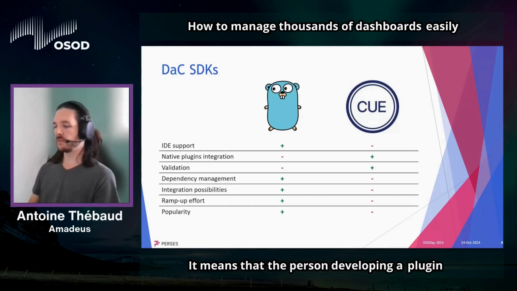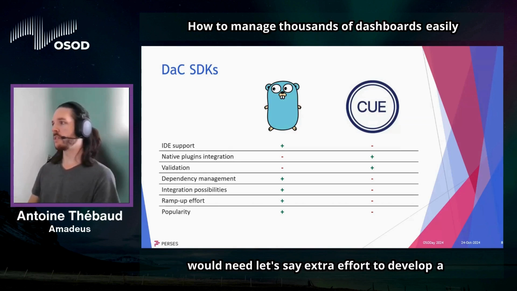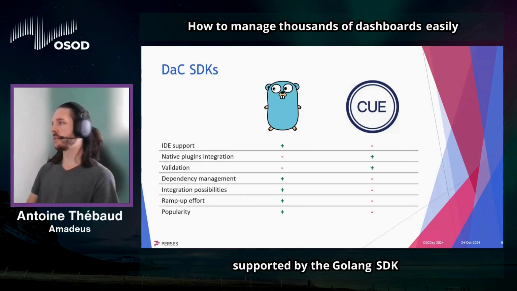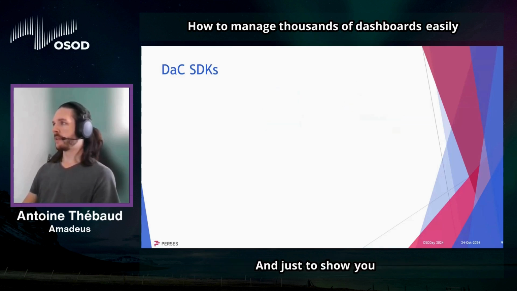The person developing a plugin would need extra effort to develop a piece of the Golang SDK to have this plugin supported by it. So that's the main difference here. And just to show you an example of how it looks.